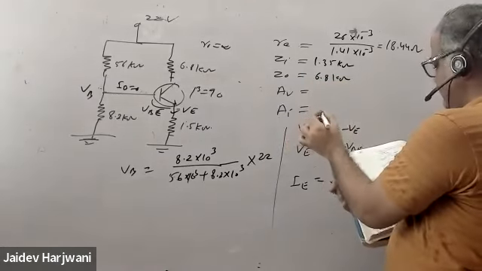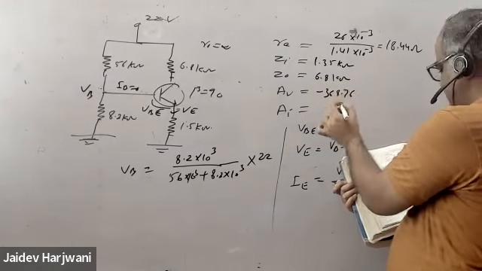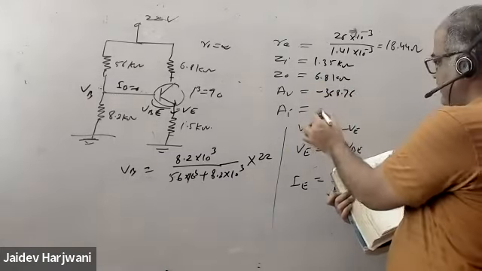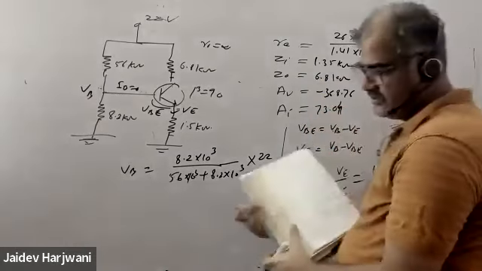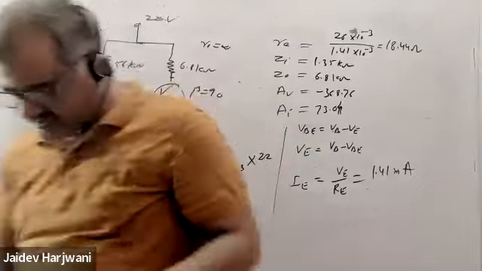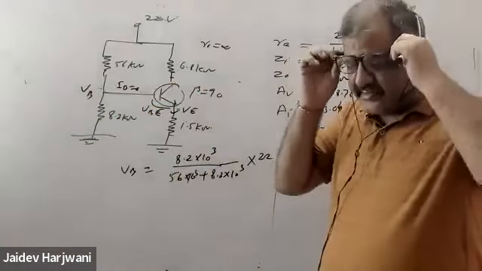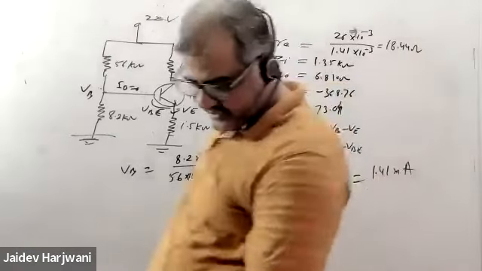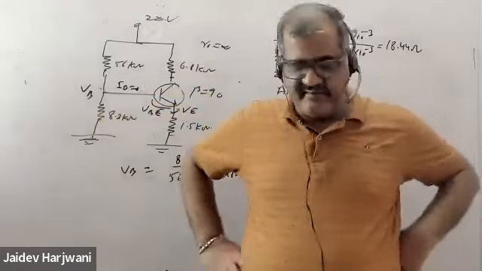Gain I have minus 368.76, and current gain I have 73.04. Please note these values down and solve it. This is a simple calculation, we cannot spend more time on it here. So I'm stopping here. This is time for the next class. After 5 minutes we'll start the next class.